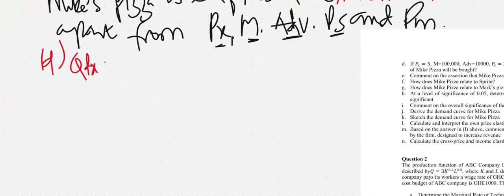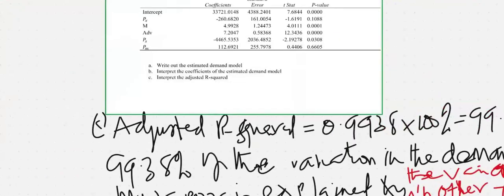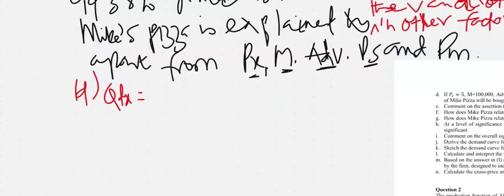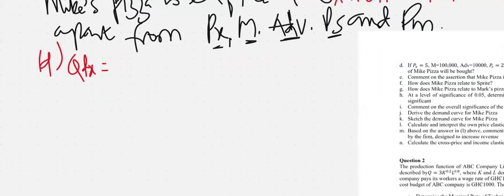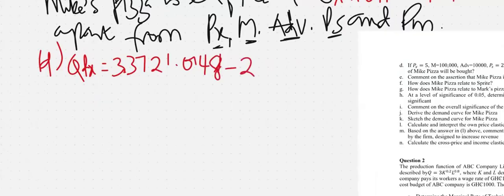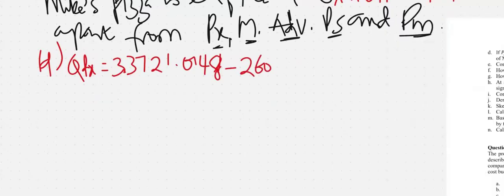QDX equals, call out the coefficients for me. 33,721.0148 minus 260.6820 PX.